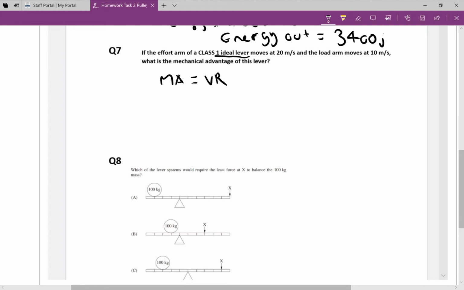So for this type of question, I'm going to write here, VR equals velocity ratio, and that's the ratio of the velocity, okay, meters per second, and MA is mechanical advantage.